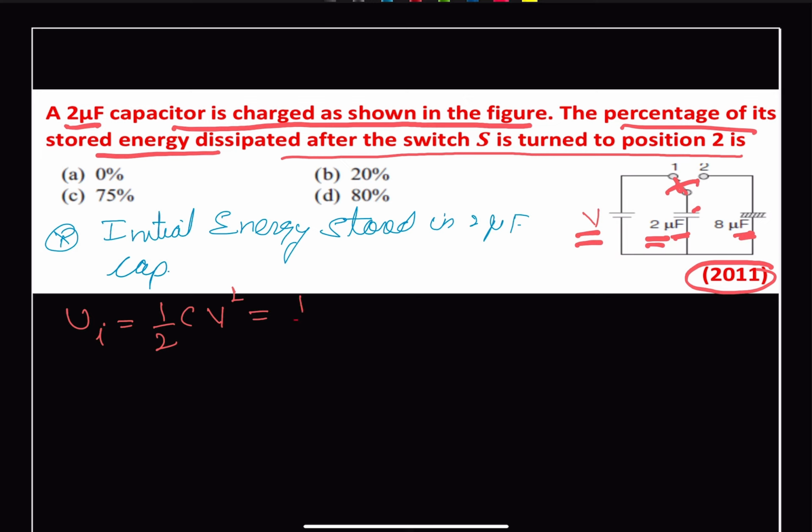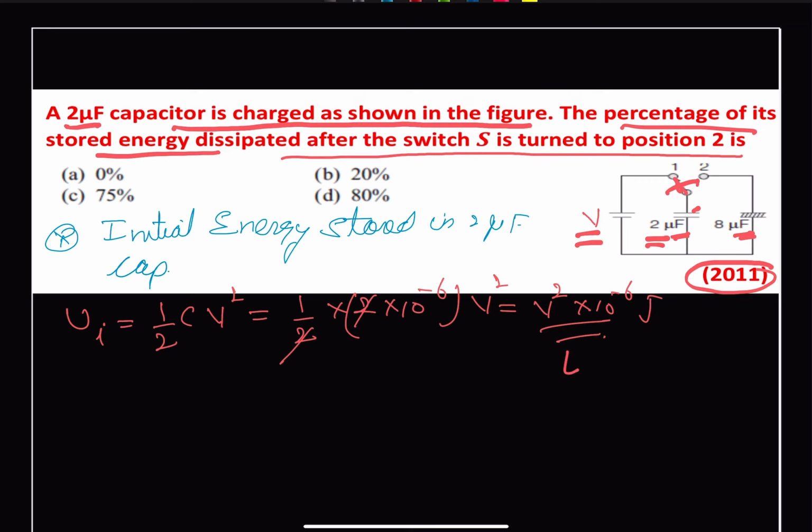We substitute the values. We get half into 2 into 10 to the power minus 6, into voltage square, and the 2 and 2 go away. So this is our V square into 10 to the power minus 6 joules.